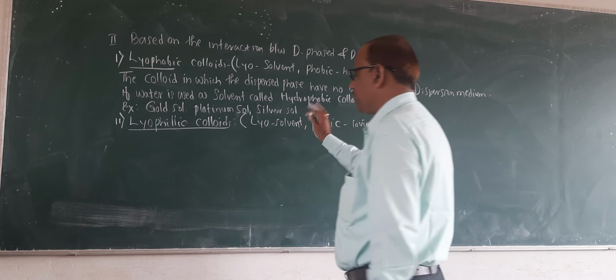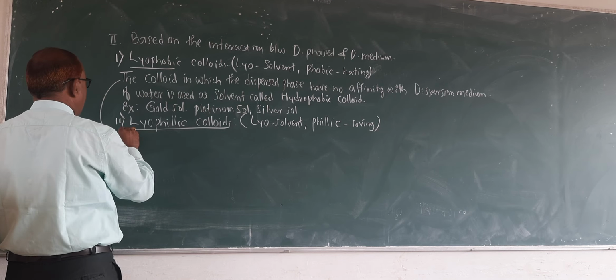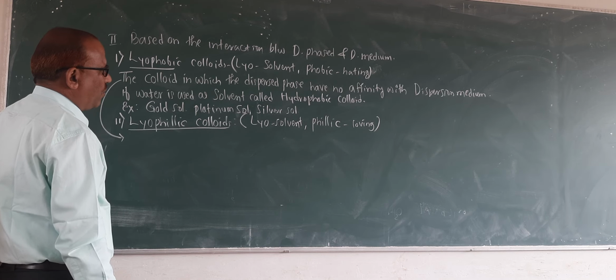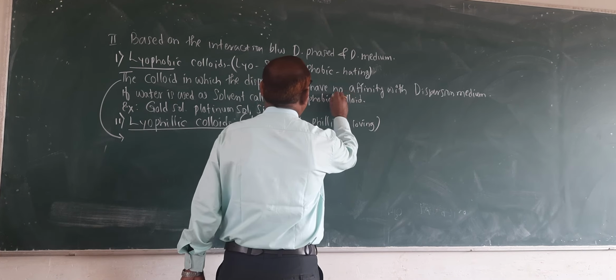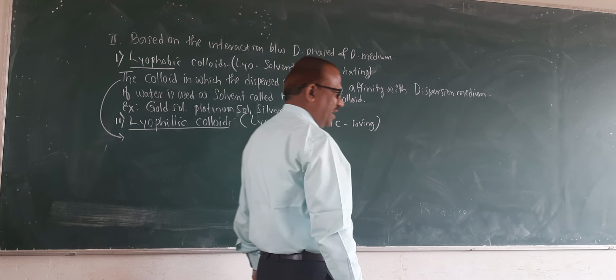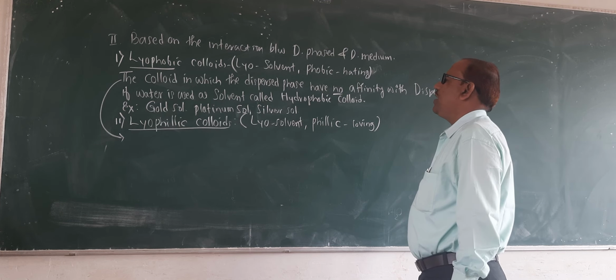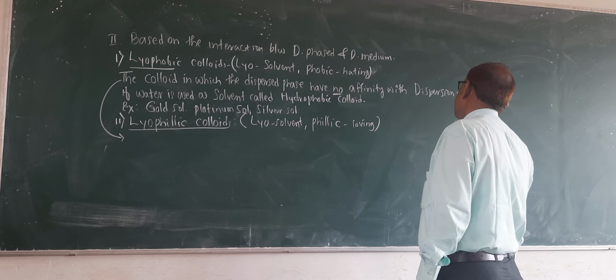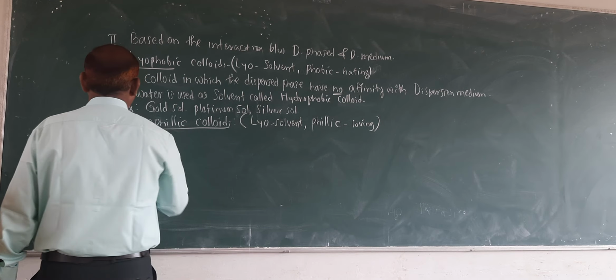Okay, know it like that, no need to write it. The opposite: the type of colloid in which the dispersed phase has affinity towards the dispersion medium is called lyophilic colloid.